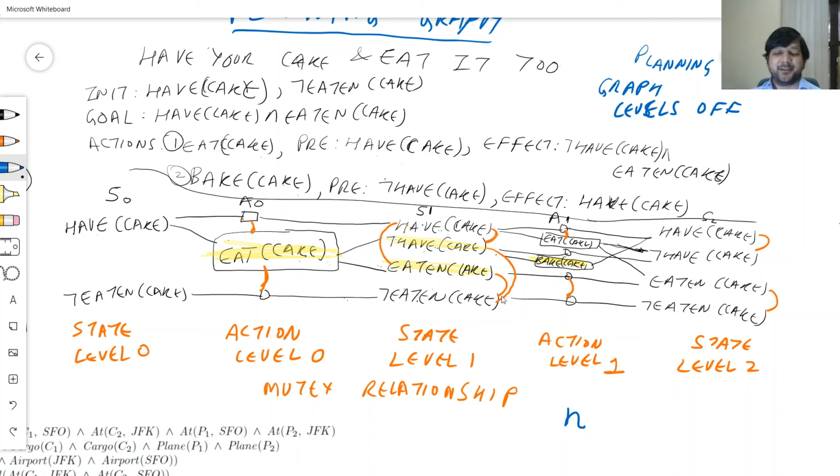So here there are a total of 2n entries, in complexity written as n, and n square number of constraints are possible, n square mutexes are possible. What happens over here? Here each one of these literals will have a persistence action. That means n actions already, and you've got proper actions like eat cake, bake cake, which are A in number. So n plus A the whole square mutexes are possible. This is the complexity to check if two relations have a mutex to each other or not, and of course that multiplied by the maximum level that you go is what becomes the complexity, which is polynomial.